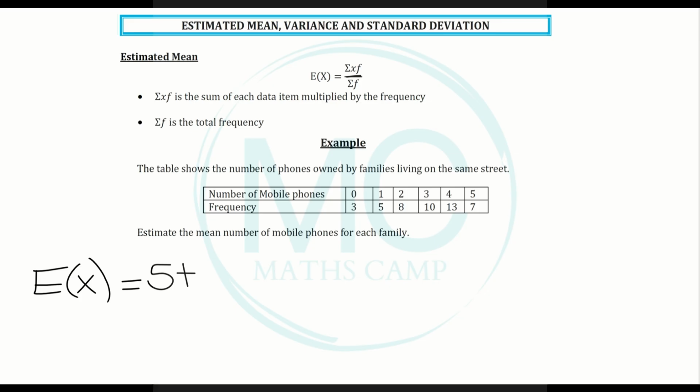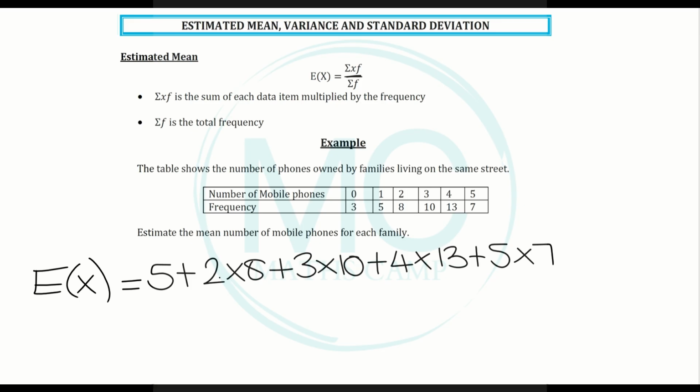Plus, you can put this in your calculator. So I'm going to say 2 multiplied by 8 plus 3 multiplied by 10 plus 4 multiplied by 13 plus 5 multiplied by 7.